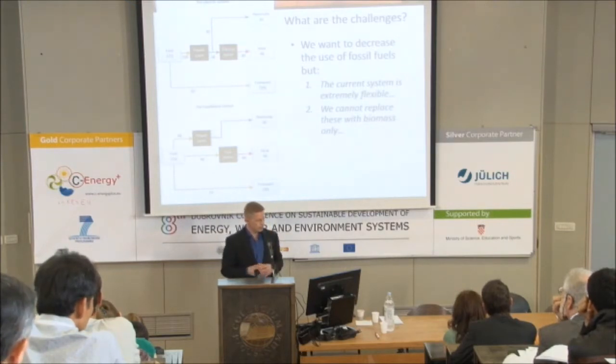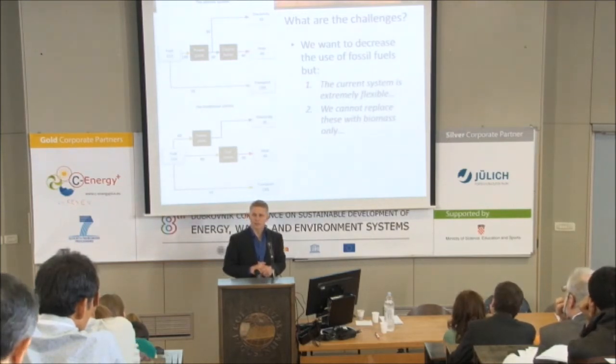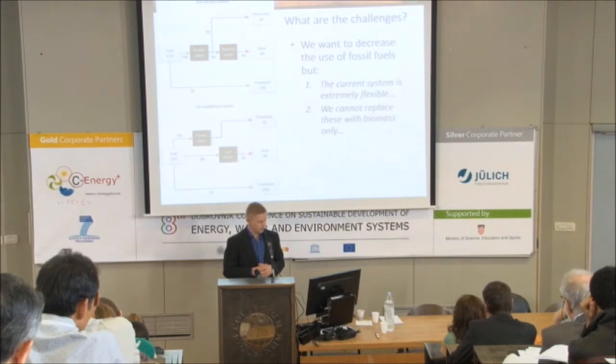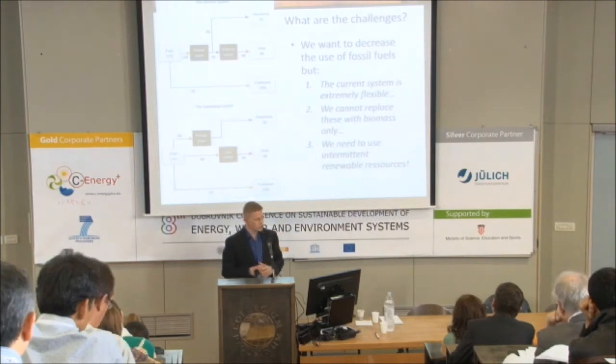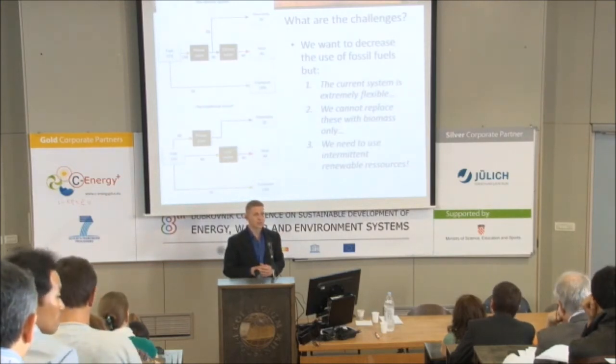Then the idea, if we want to keep that flexibility, we could change all the fossil fuels to biomass. But that's not possible either, because if we just replace fossil fuels with biomass, we will simply not have enough biomass to cover that demand. So we need something else. We need to use intermittent resources.